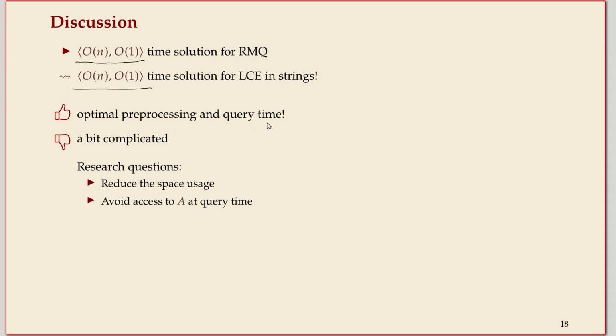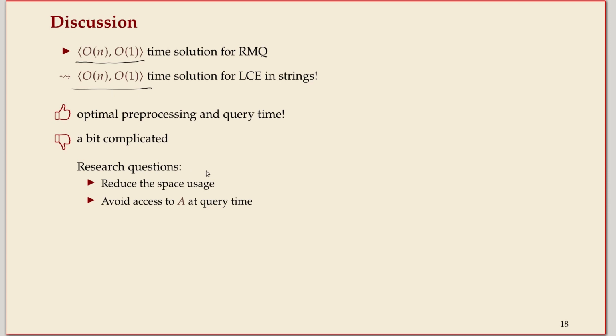So I want to stress that the solution we found is a bit complicated, but it gives us the optimal preprocessing and query time, because if we want constant time at query, we have to do the preprocessing, and preprocessing has to read the input at least once, and that already gives you these orders of growth.